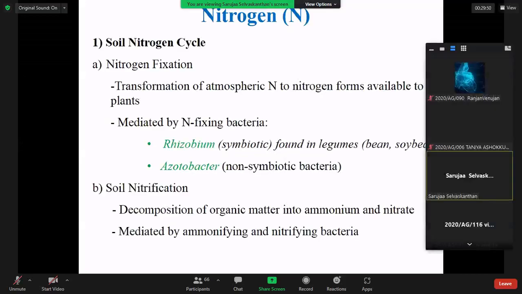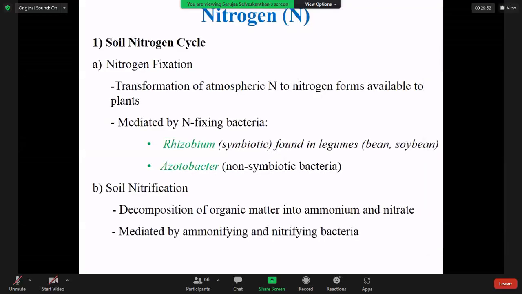Then the cost of production is less. Am I correct? Okay, these are things you already know. You can imagine, if you are intercropping with legumes, what are the advantages? Urea application will be reduced, soil fertility will be increased. These are the common questions.